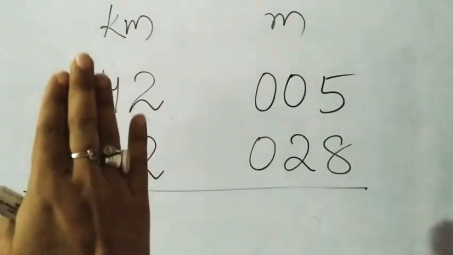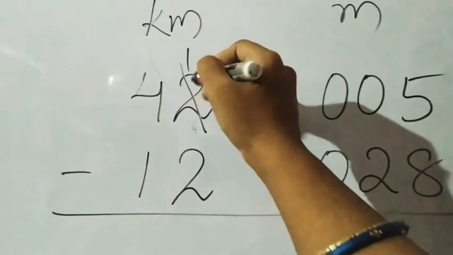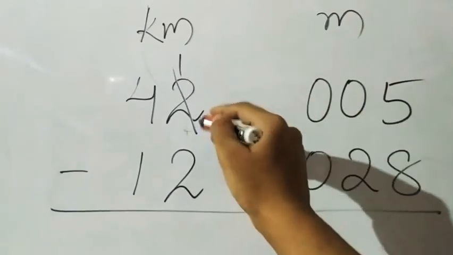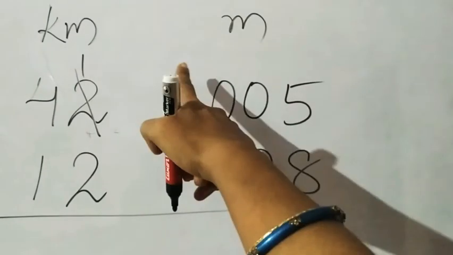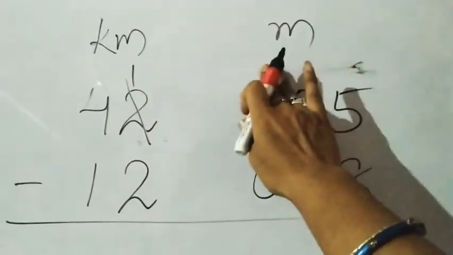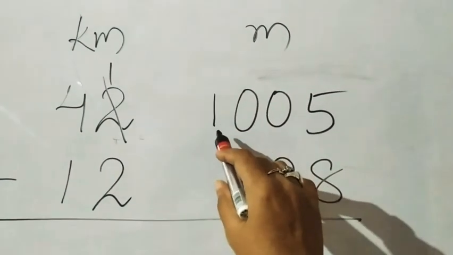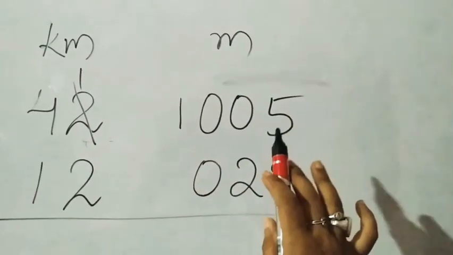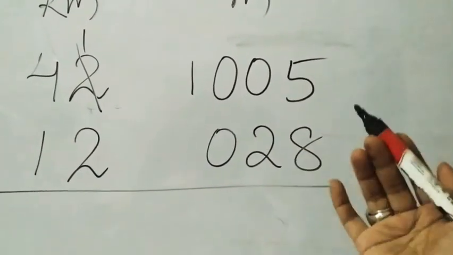Start borrowing from kilometer, the greater unit. So 1 kilometer, when I take it out of 2, 1 is left. Now 1 kilometer is 1000 meter. So instead of writing 1000 here, I will just add it to this, and if I put 1 in thousands place, that means 1005. Now out of 1005 meter you have to subtract 28 meters. It's easy. Now you can start.